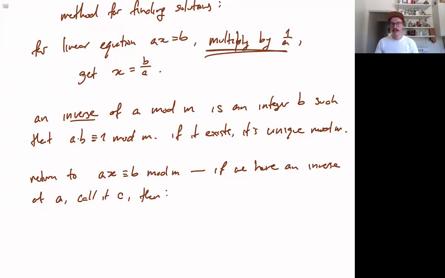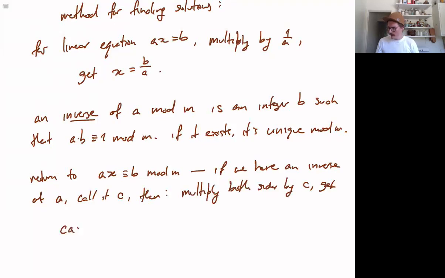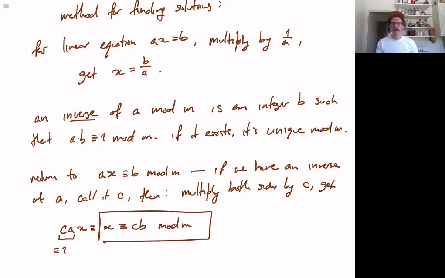We can just multiply both sides by the inverse. And what we get is cax on this side, and that's congruent to c times b mod m. But the point is that c times a is congruent to 1. So this is congruent to x. And so this essentially is telling you what is x mod m, and from there you can easily see what your solutions are.